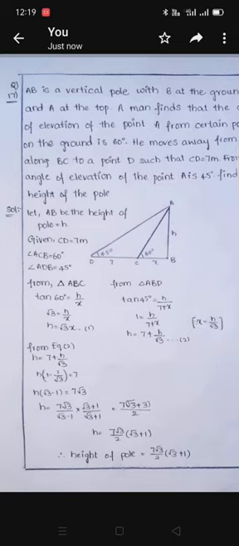You have to simplify it. Root 3 is the common term in this bracket. If root 3 comes out, h is equal to 7 root 3 by 2, and in the bracket remains root 3 plus 1. Therefore the height of the pole we got is 7 root 3 by 2 into root 3 plus 1.